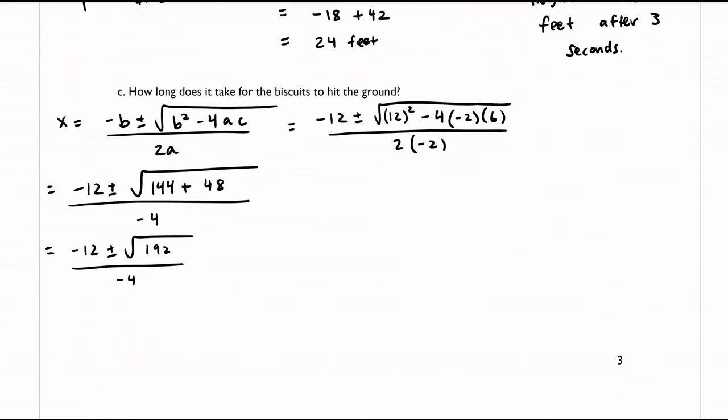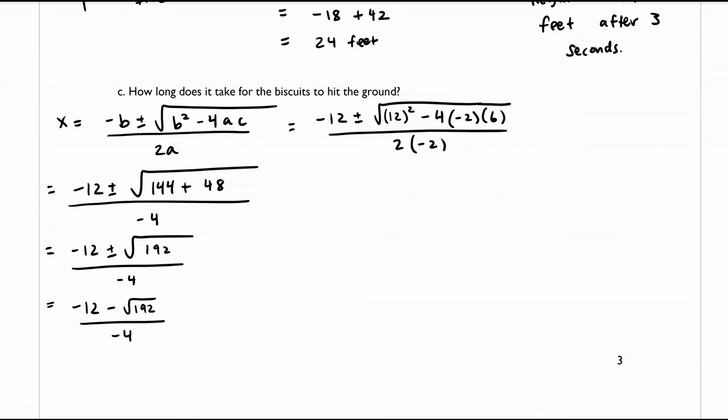And so between the two, the one that's going to be positive is negative 12 minus the square root of 192 over negative 4, because both the numerator and the denominator will be negative, and so whatever that simplifies to will become a positive number.